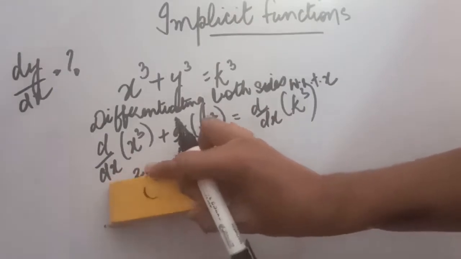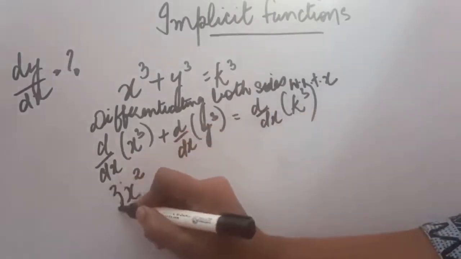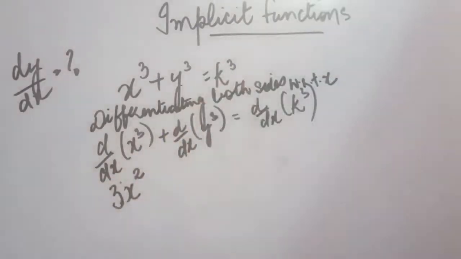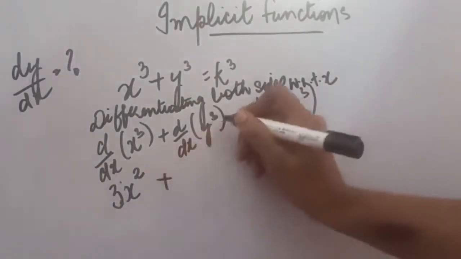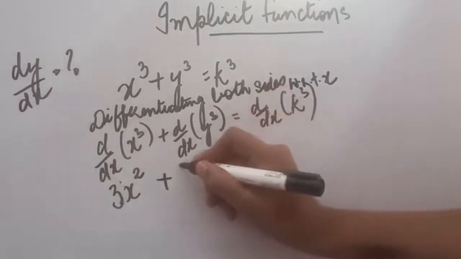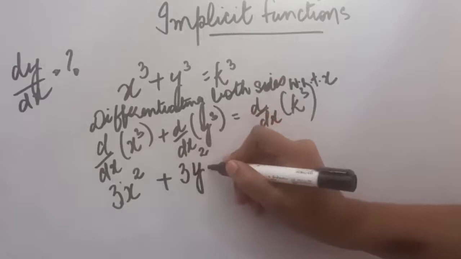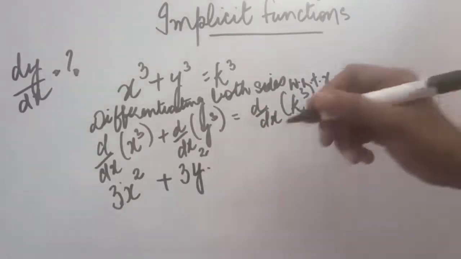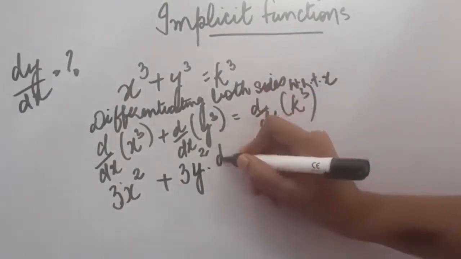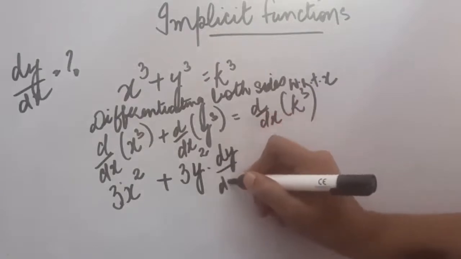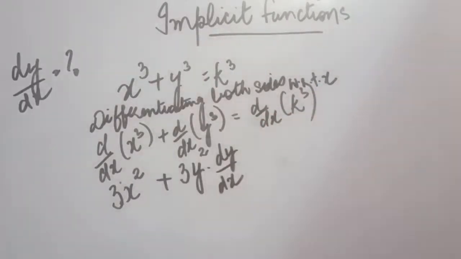This you have seen since the beginning, that we take the power in front and the power is reduced by 1. Plus we take differentiation of y cube, so 3 will come forward, y square. But it is not the end. Again we will have to take internal differentiation, that will be equal to dy upon dx.